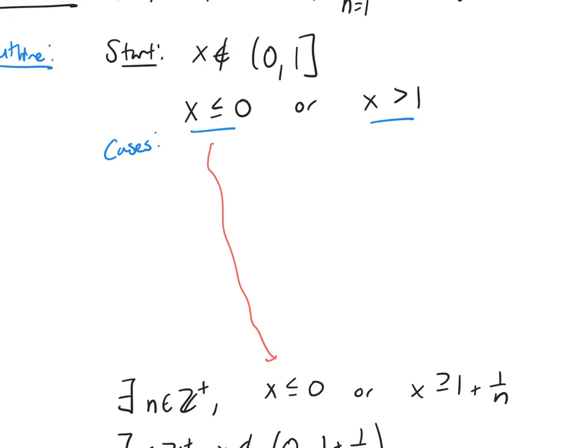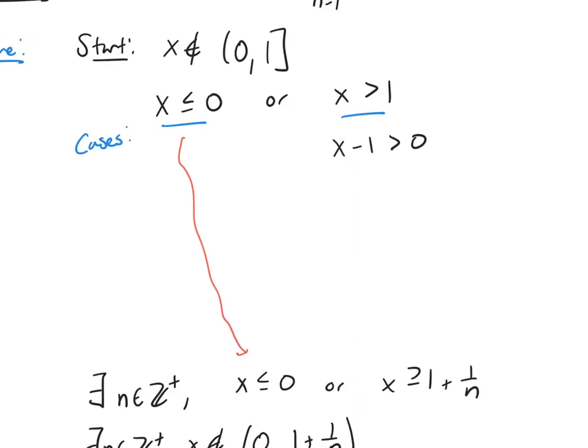Now let's look at our second case, the second thing I underlined here. If x is greater than 1, then x minus 1 would be bigger than 0. Just subtract 1. So x minus 1 is positive. Well then, 1 over x minus 1 is also positive. So we're going to use our Archimedean principle.